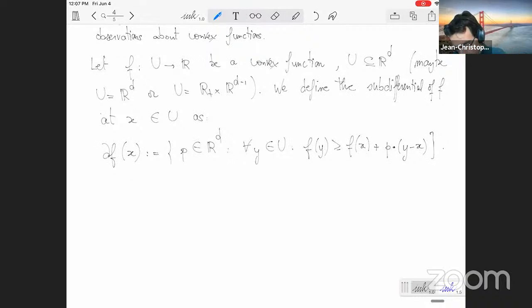And perhaps the first observation, observation 1: if f is differentiable at x, and x is in the interior of U, then this set is just a singleton, and inside this singleton there is the derivative of f.